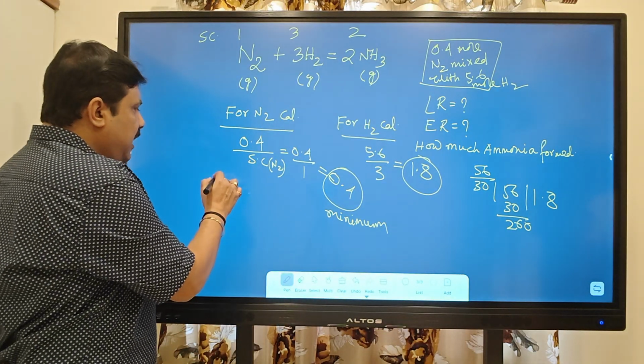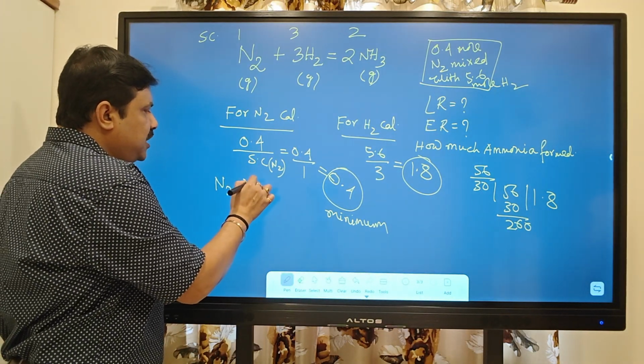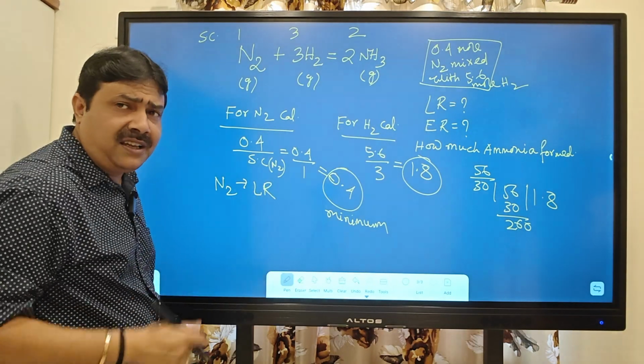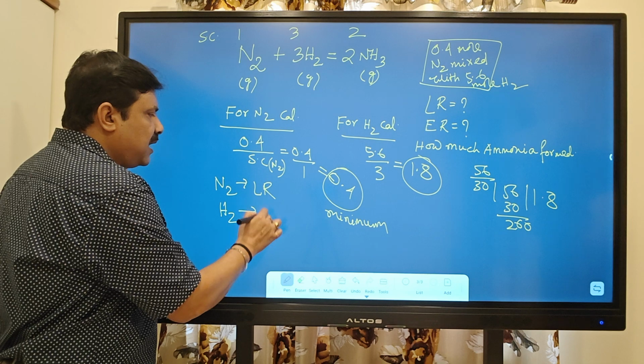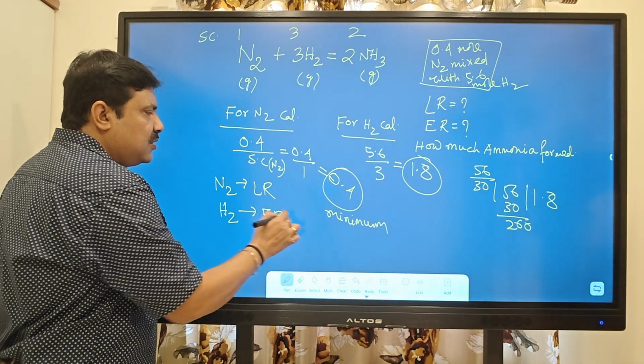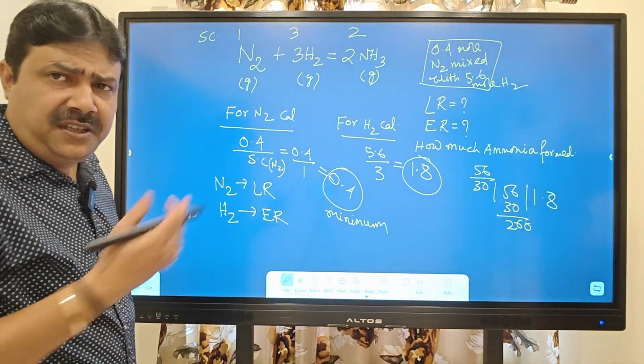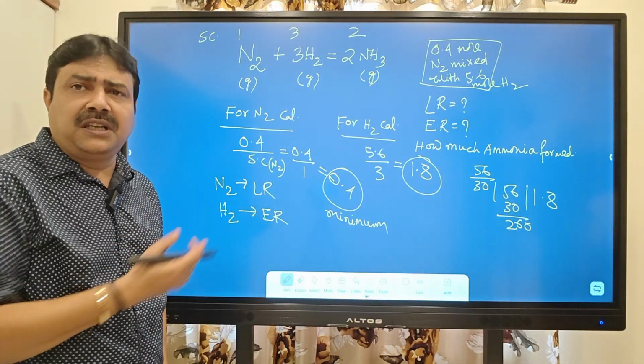So who is my limiting reagent? My nitrogen is the LR. By default, the other will be the excess reagent. So who is my excess reagent? Hydrogen is my ER, excess reagent. You look, very easily we calculate the limiting reagent concept.